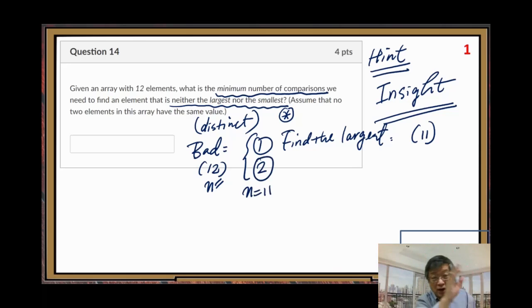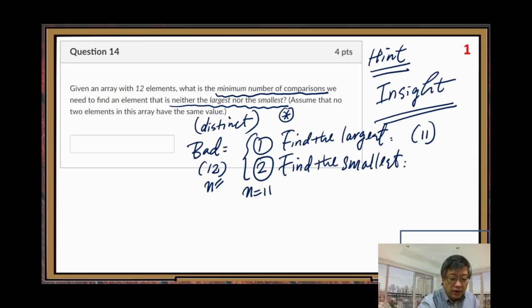Now you find the smallest in these remaining 11 elements. How many comparisons? 10, right? Then you throw away the smallest.